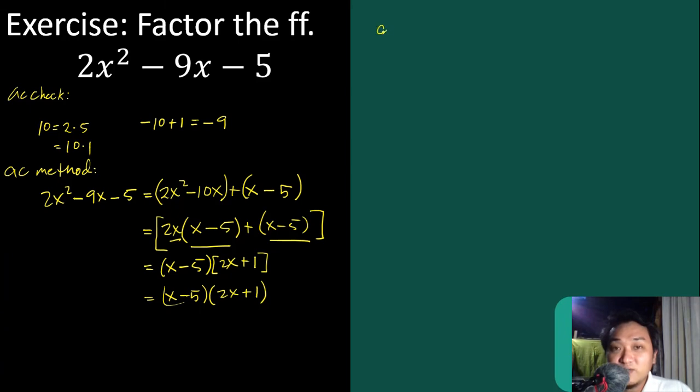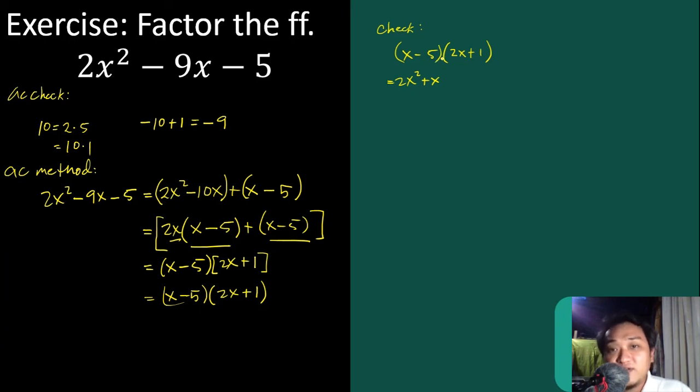Now let us always check your answer. X minus 5 times 2x plus 1. X times 2x is 2x squared. X times positive 1 is positive x.